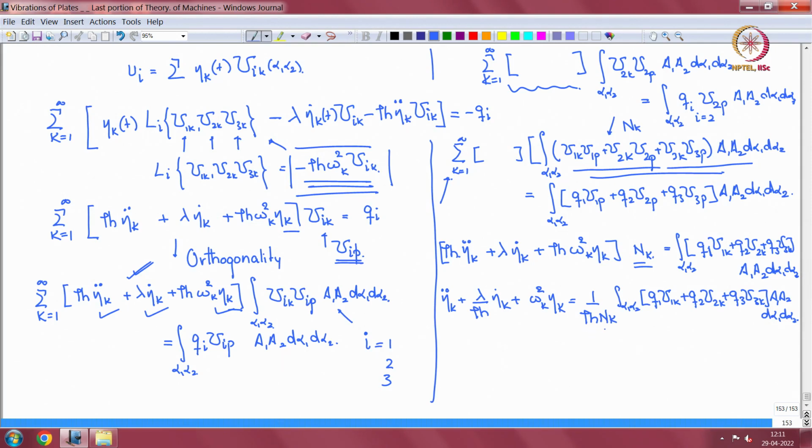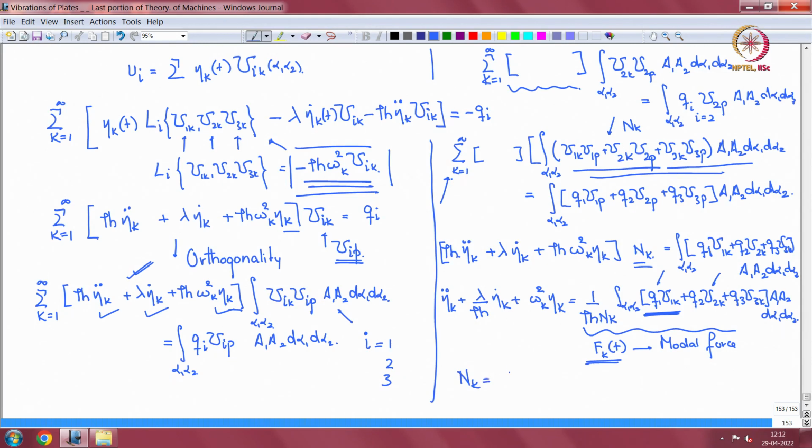Now this we will give a name, we will call it f of k of t. This is like the modal force. These are the forces; when they are integrated with a mode, they have become modal forces. This is a total modal force. And what is nk?